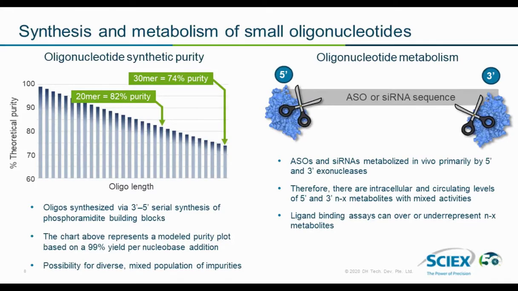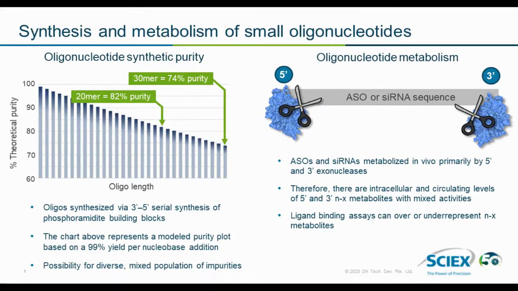when you generate these oligonucleotides via synthesis. With regards to metabolism, you can see that this ASO or siRNA are typically clipped at the 5 and 3 prime ends, in vitro and by exonucleases, as shown on the right-hand side of the slide. Therefore, their intracellular and circulatory levels of 5 and 3 prime metabolites tend to be mixed.